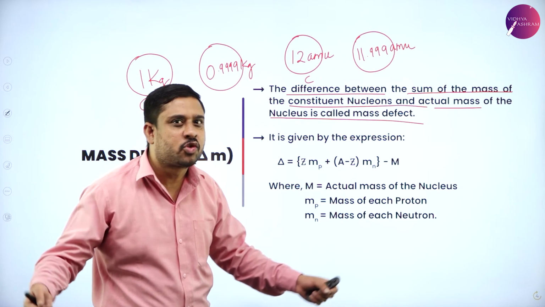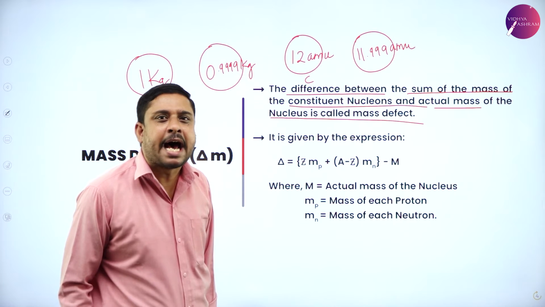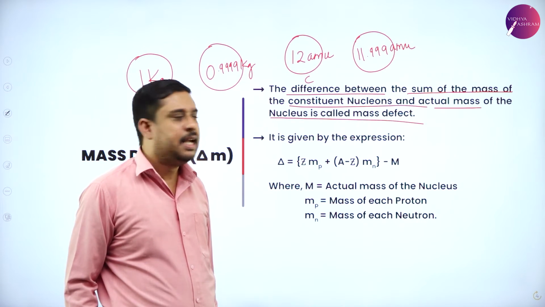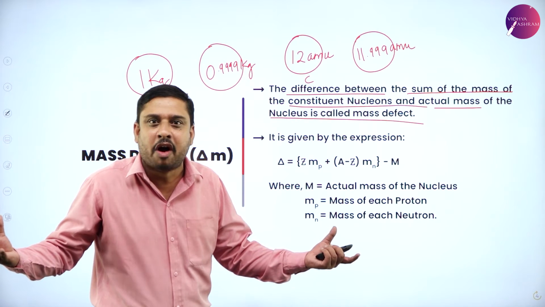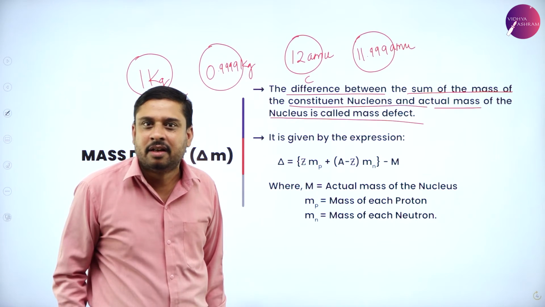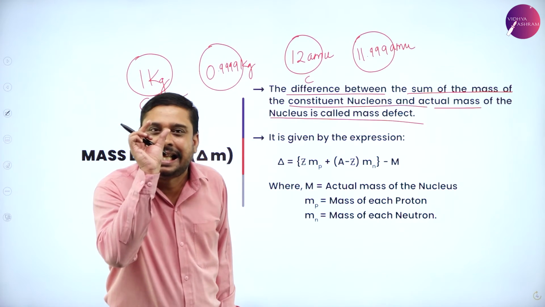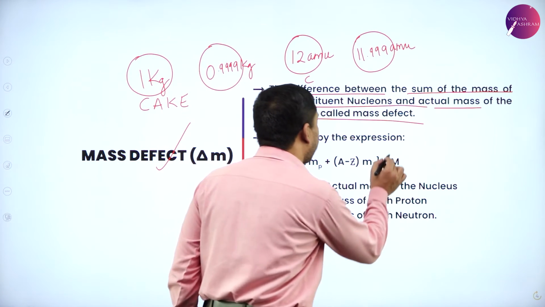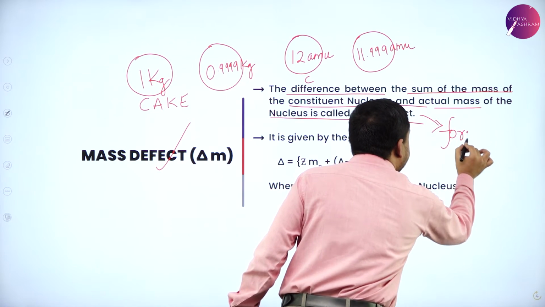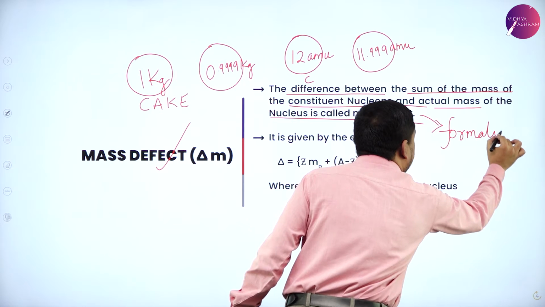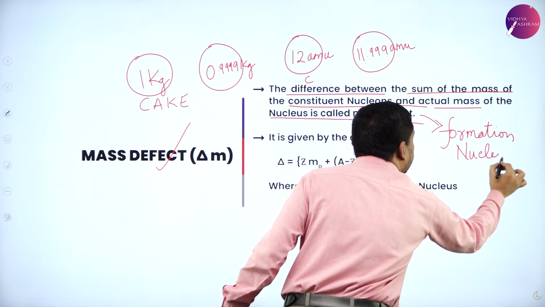But my physics has told in any system mass has to be conserved. Then where is that missing mass going? It cannot evaporate like that. Please understand, students, that difference in mass, whatever missing mass is coming into picture, it is used for the formation of the nucleus.